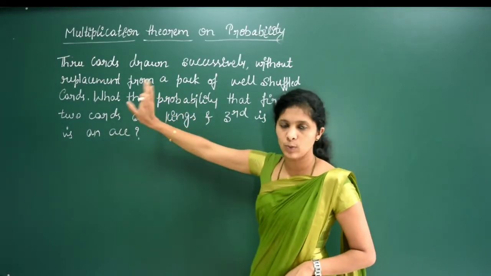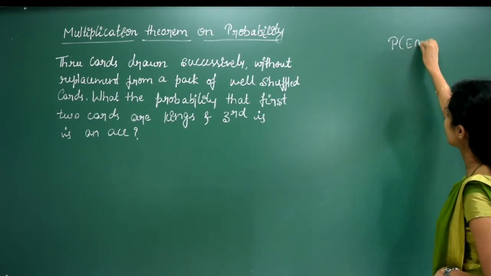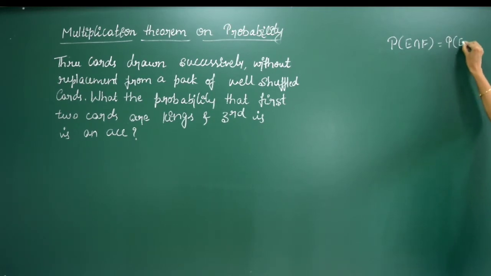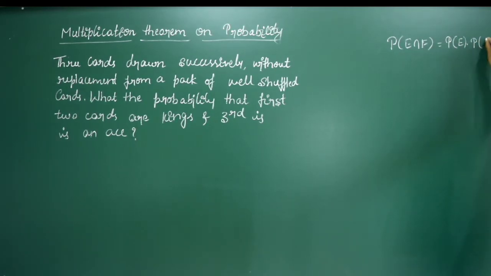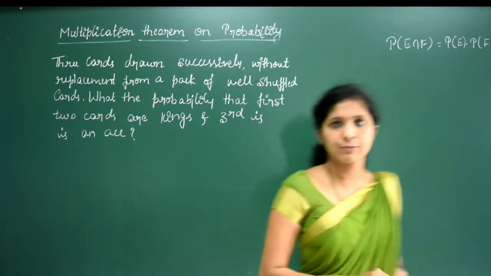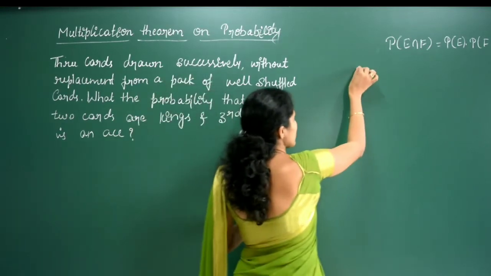Before going to this problem, see here, if it is P of E intersection F, there are two formulas, right? We can write this as P of E into P of F given E. This is one formula. If there are more than two events, then the formula is as follows.